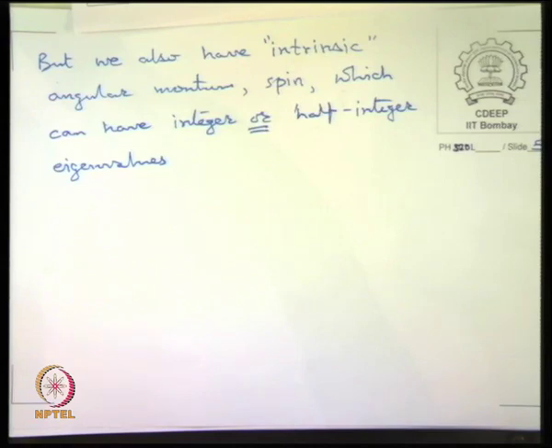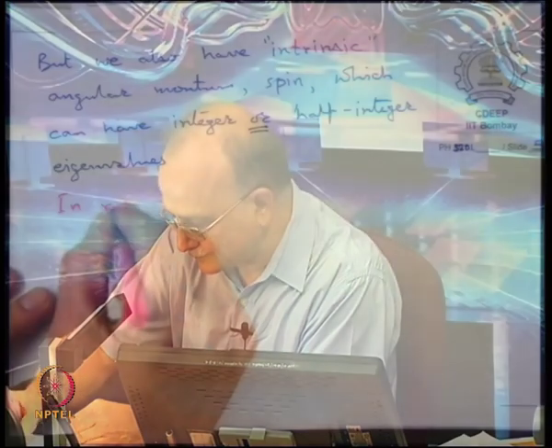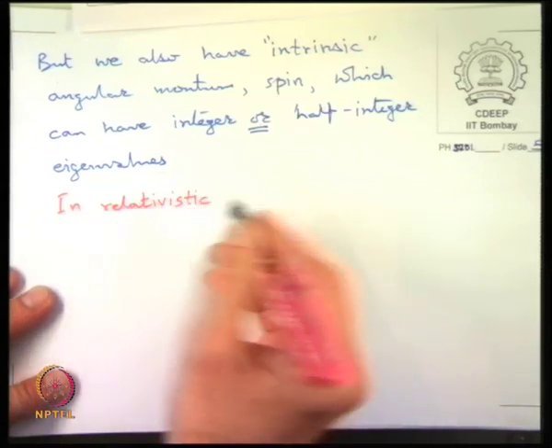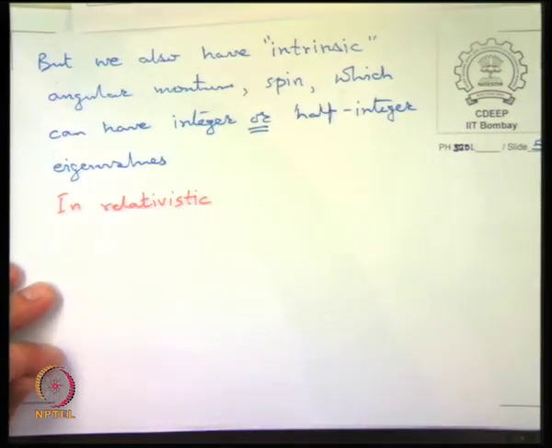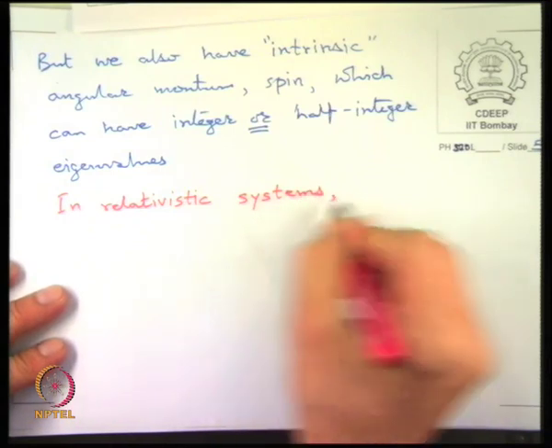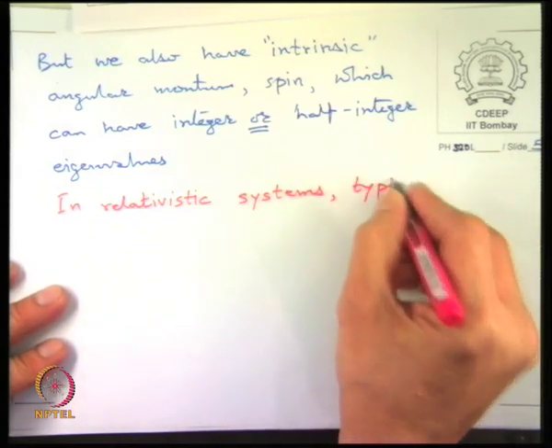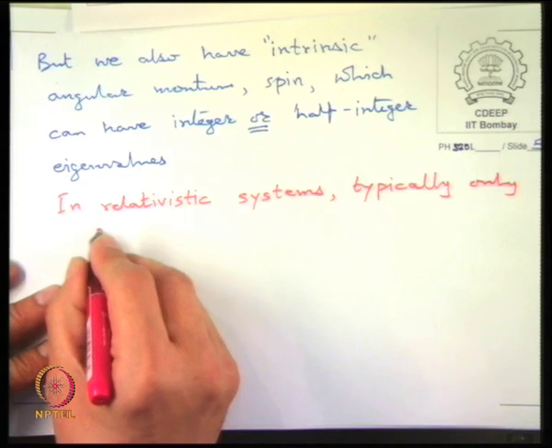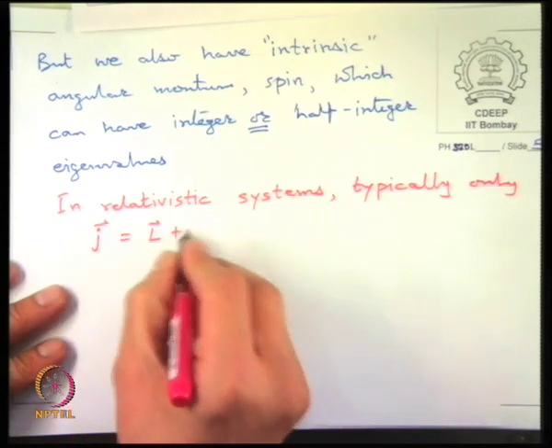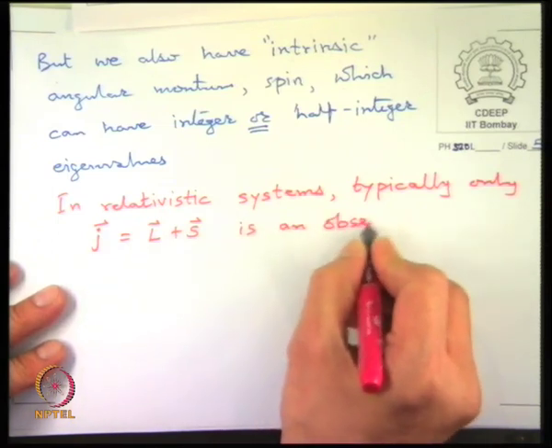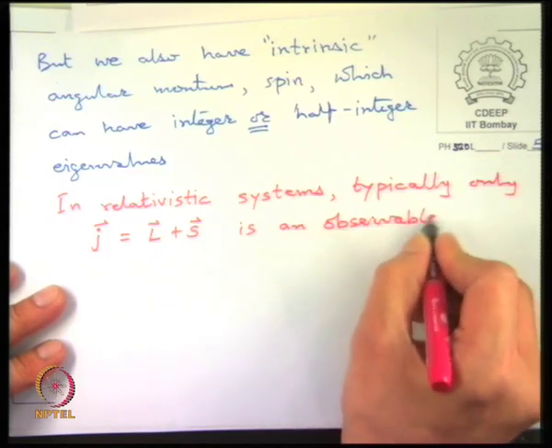It is also found that in relativistic systems, you cannot actually distinguish between so-called intrinsic and orbital, and only the combination J appears. Okay.